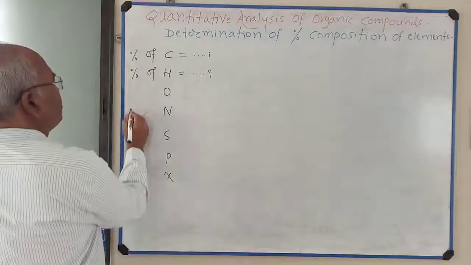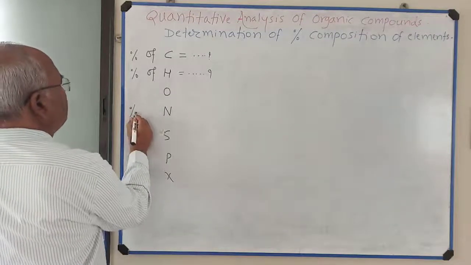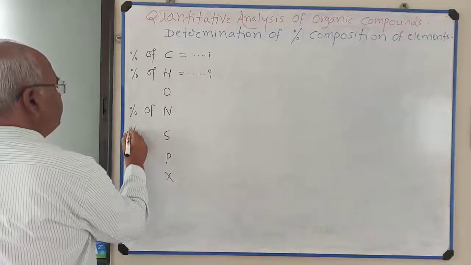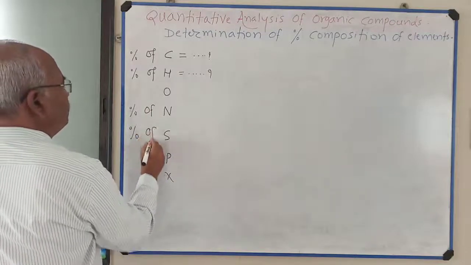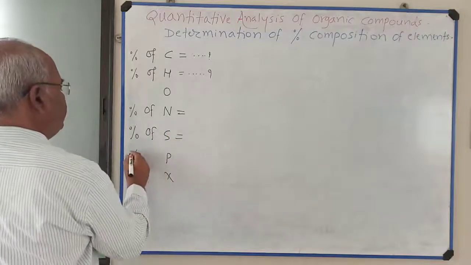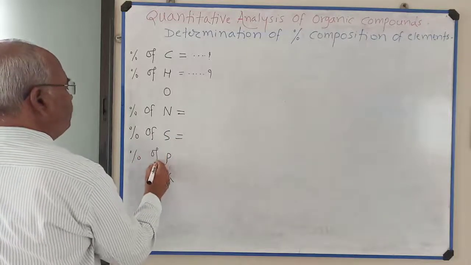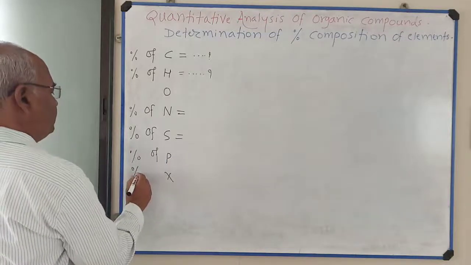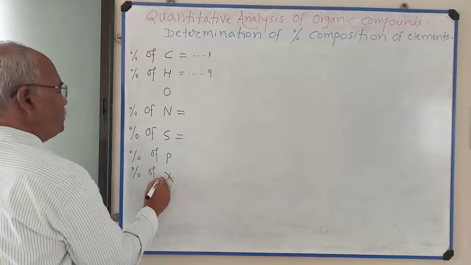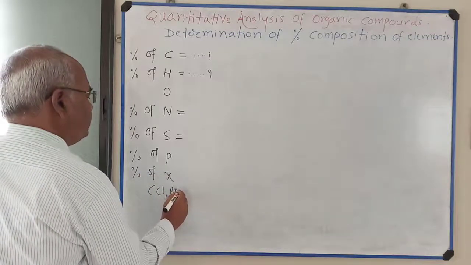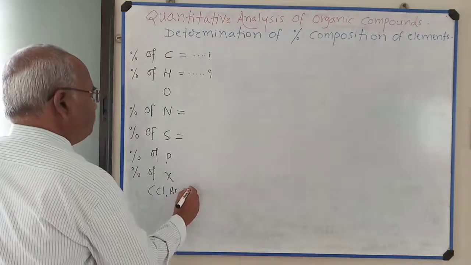Then, percentage of nitrogen, percentage of sulfur, percentage of phosphorus, percentage of halogen, that is chlorine, bromine, iodine.